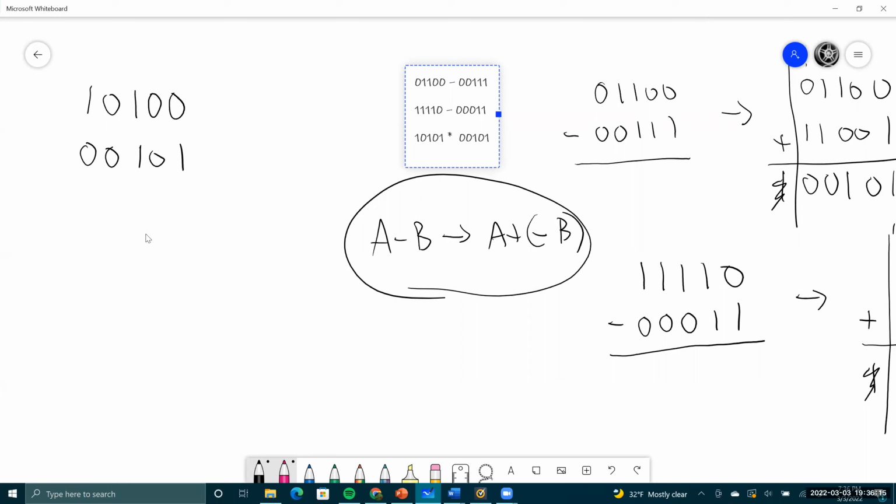So the top number is currently negative, so I want to change everything to positive. So this needs to become 0, 1, 0, 1, 1. And then I add 1 to that, and this would be 1, 0, 0. Okay, the bottom can stay the same because it's already positive.